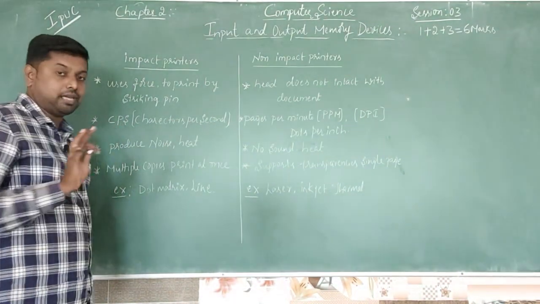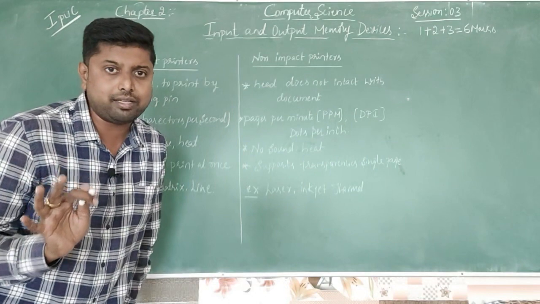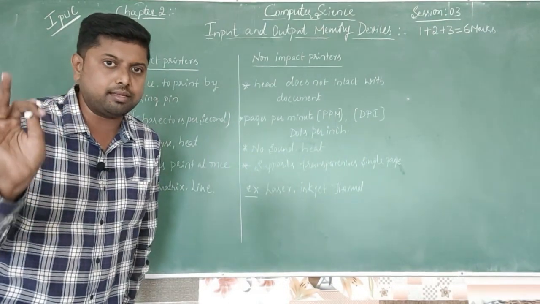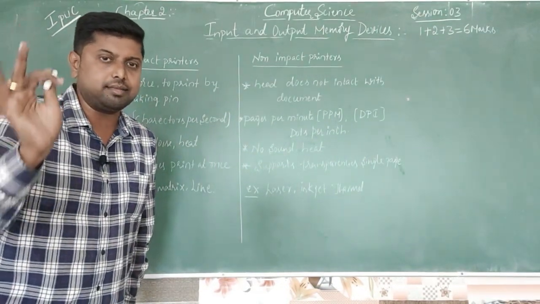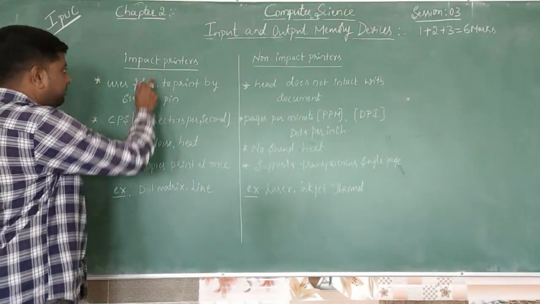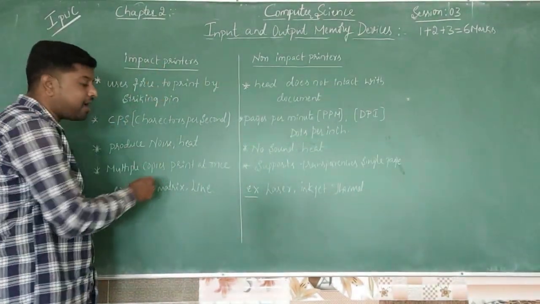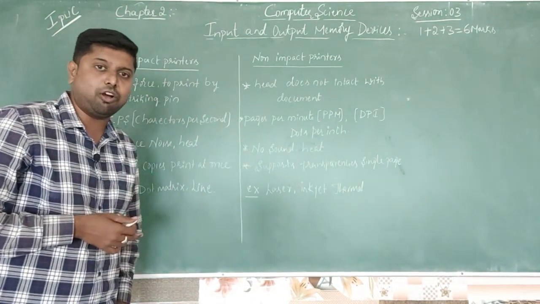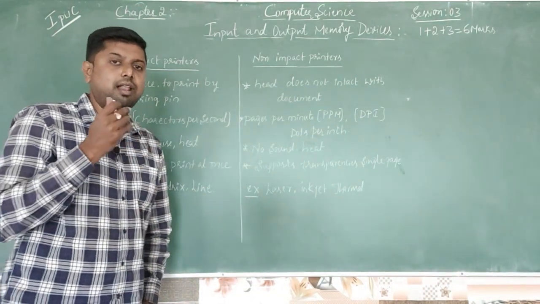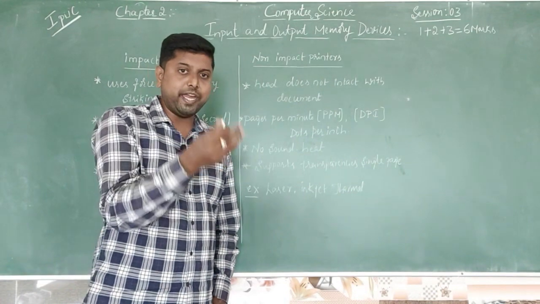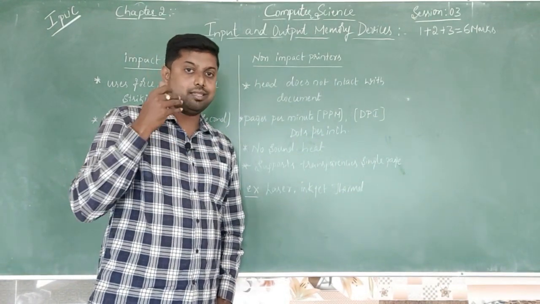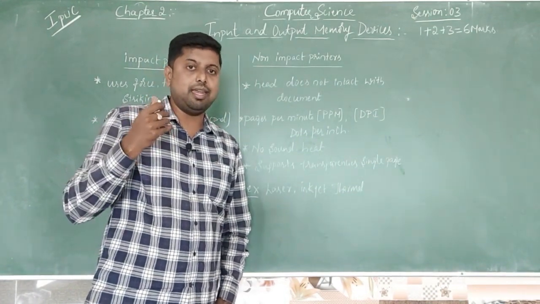You may get asked the abbreviations, dear students. CPS, characters per second. With the help of characters per 1 second, how many characters will print in the document? Like that we calculate the speed as well as the specifications of an impact printer.